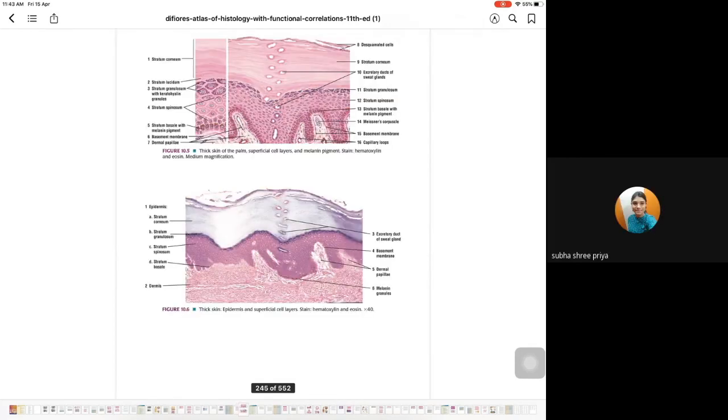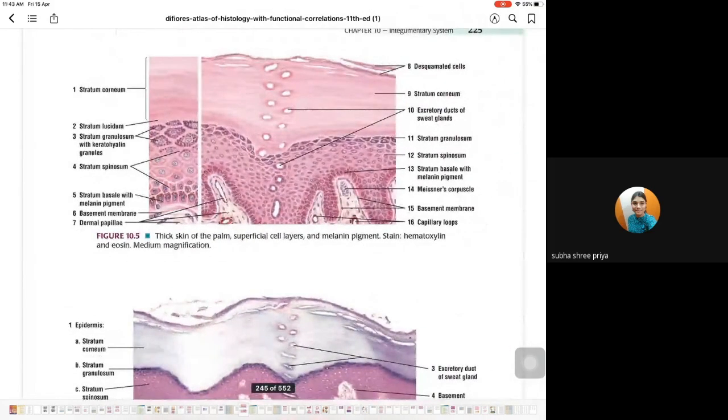10.5, thick skin of the palm, superficial cell layers, and melanin pigment. Stain hematoxylin and eosin. On medium magnification, we are seeing stratum corneum, followed by stratum lucidum, and then stratum granulosum with keratohyalin granules, and then stratum spinosum. Last is stratum basale with melanin pigments.